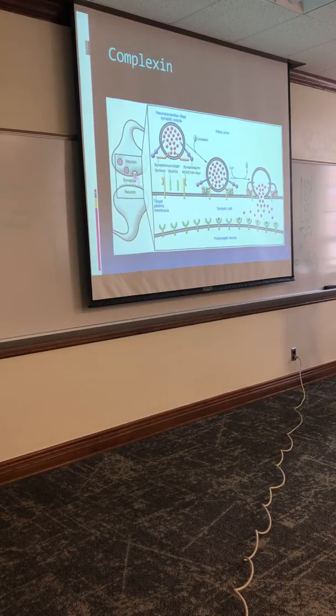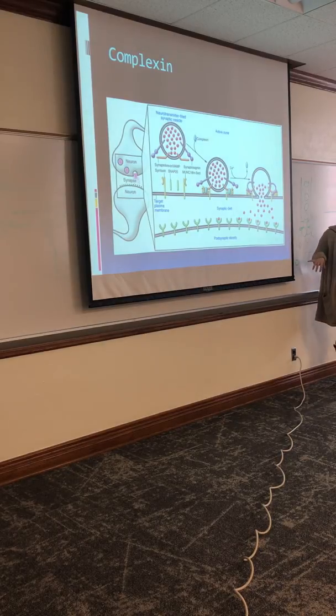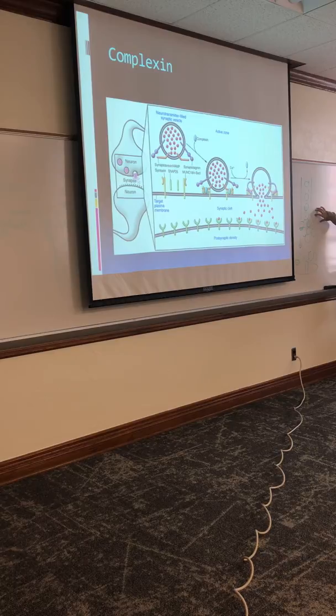So one of the main questions researchers had was, what system is in place to allow for release that is that quick? If we had to start from the top, releasing vesicles from the reserve pool and coming all the way down, it would certainly take more than 1 to 2 milliseconds, right? So this docking, priming position is what allows for that very quick release of neurotransmitter.